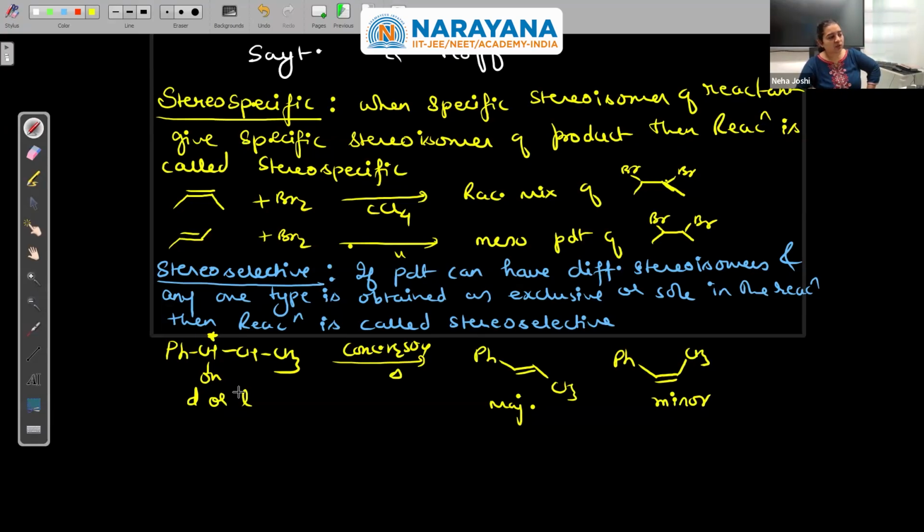Whichever I start with, a specific stereoisomer is obtained. So this reaction is stereoselective, but not stereospecific.